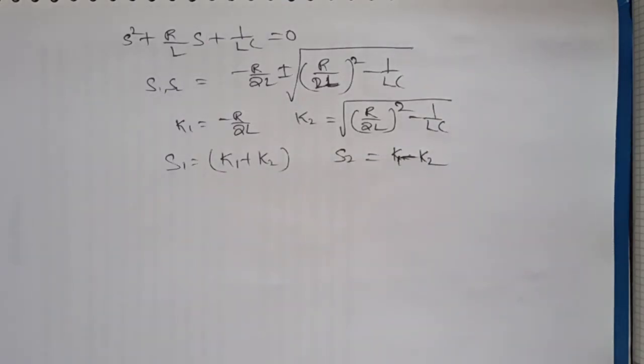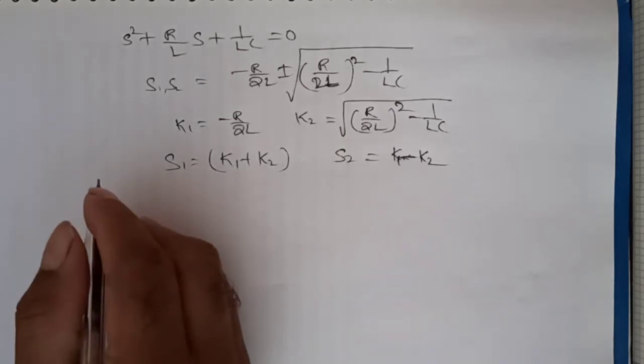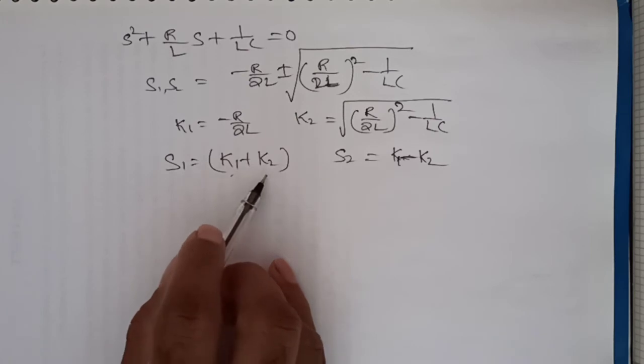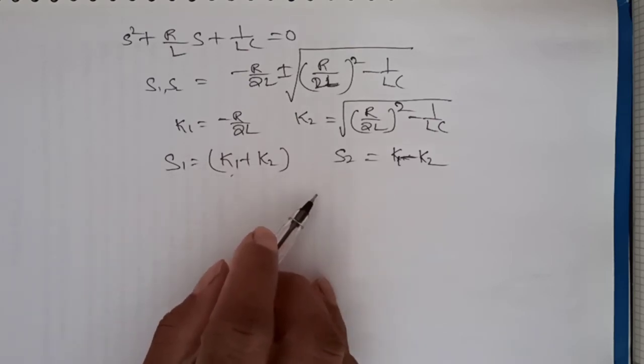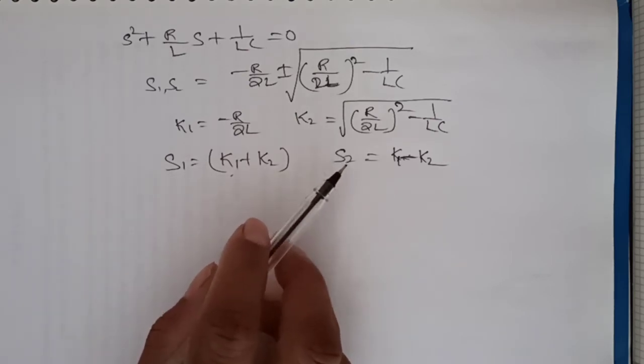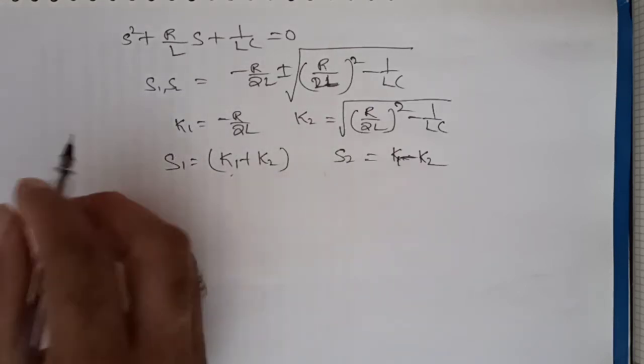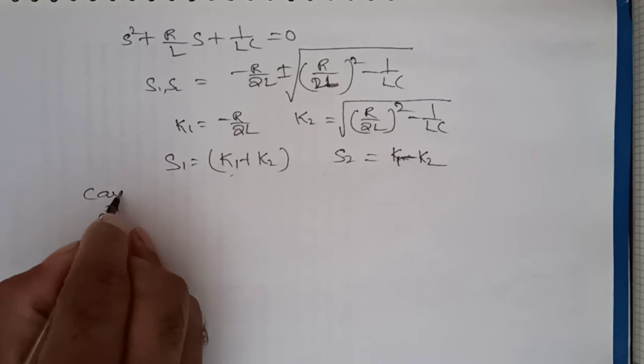Now based on the roots being real and unequal, real and equal, or complex, we can form the solution in terms of exponential functions, and ultimately we have to add the particular solution every time. So here we can take three cases.